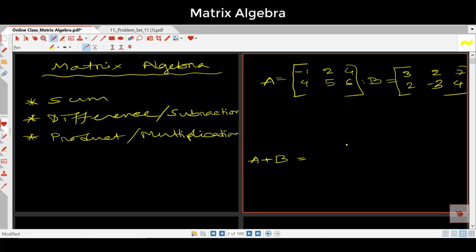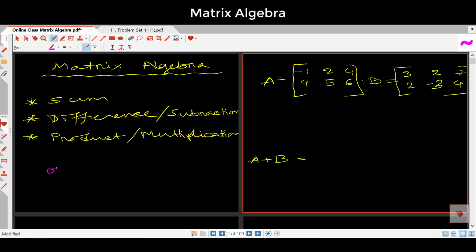So how to do the summation? At first you have to understand whether summation or subtraction is possible or not. So you have to think about the order of every matrix.